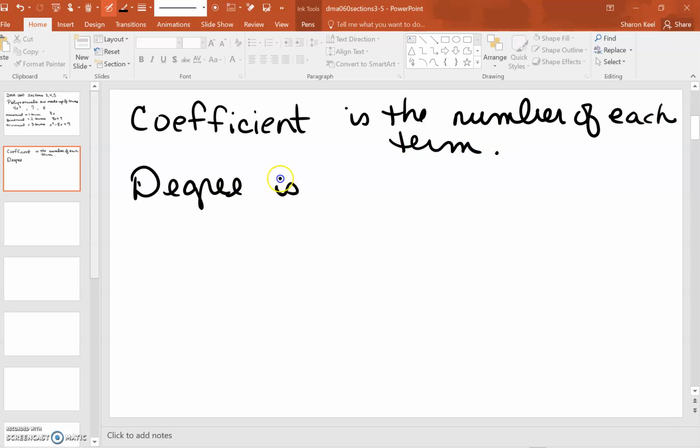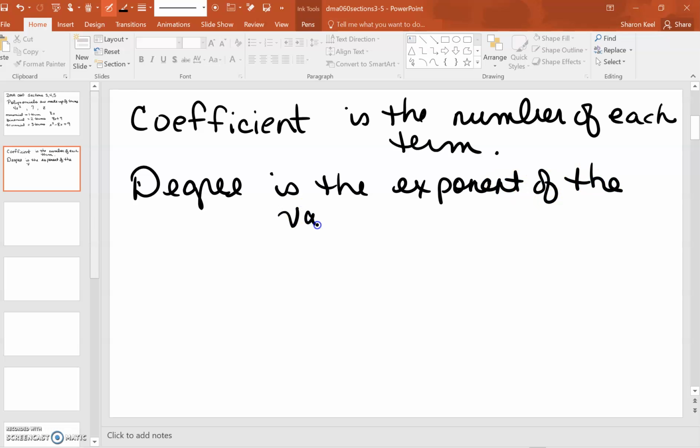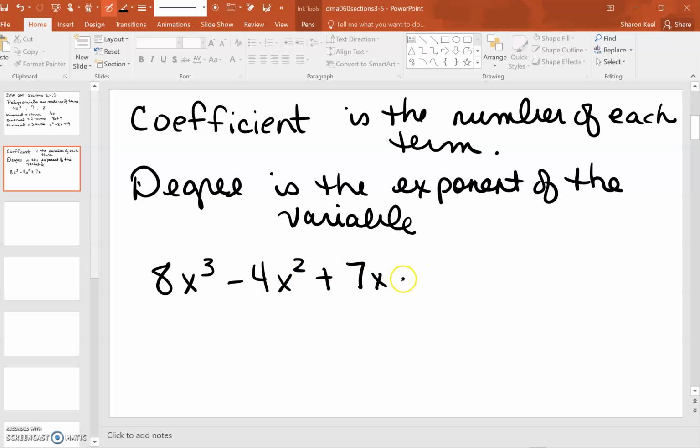The degree is the exponent of the variable. So let me give you a polynomial. Let's say we have 8x to the third minus 4x squared plus 7x minus 9.